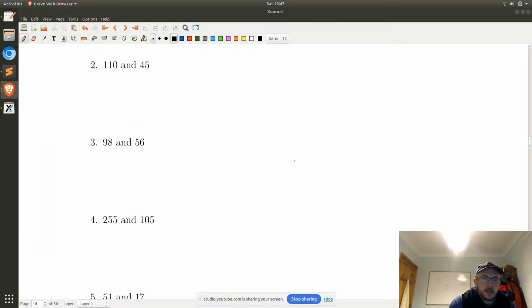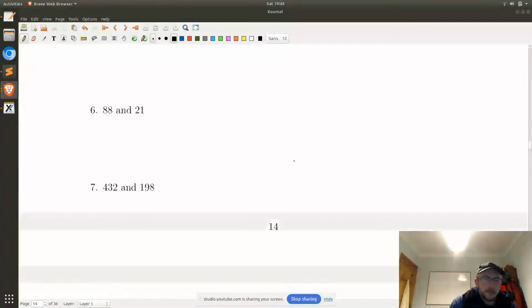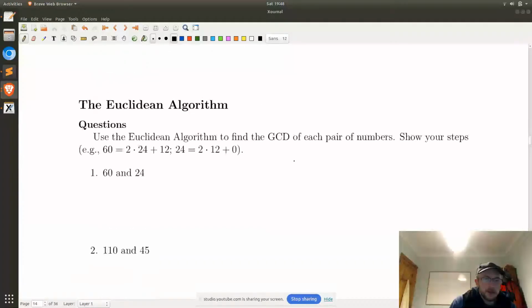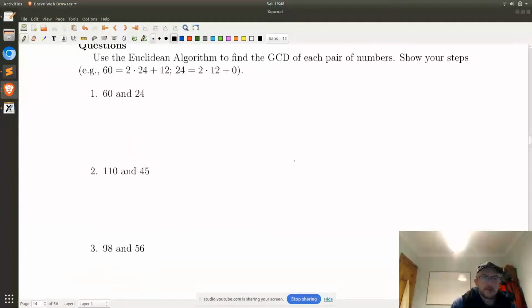So I think it's better if I just do the steps in the first place, just seeing how large the numbers are relative to one another. So we already know the greatest common divisor of 60 and 24 is 12, but we'll use the Euclidean algorithm to get used to it.